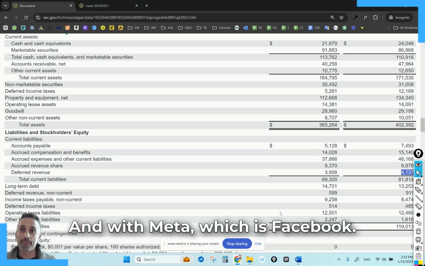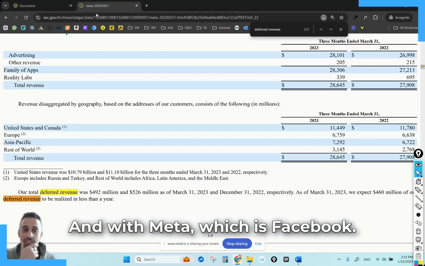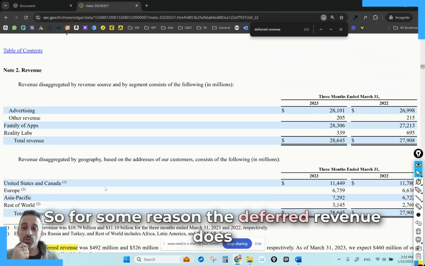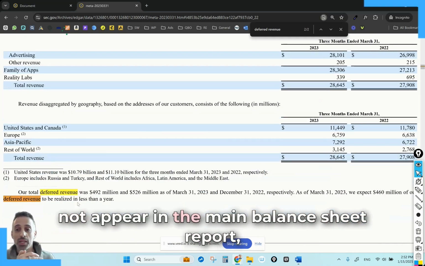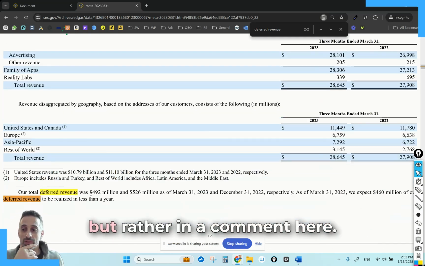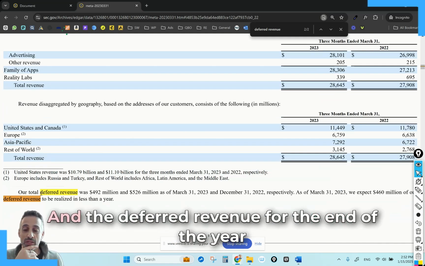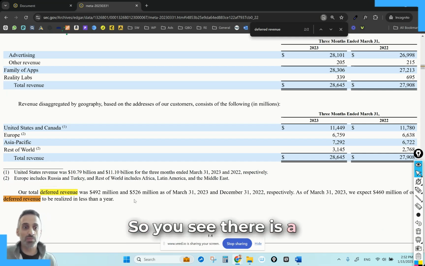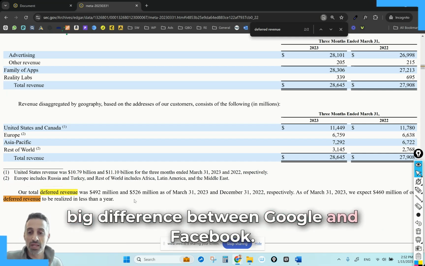And with Meta, which is Facebook. So for some reason, the deferred revenue does not appear in the main balance sheet report, but rather in a comment here. And the deferred revenue for the end of the year 2022 was a little bit over $500 million. So you see there is a big difference between Google and Facebook.